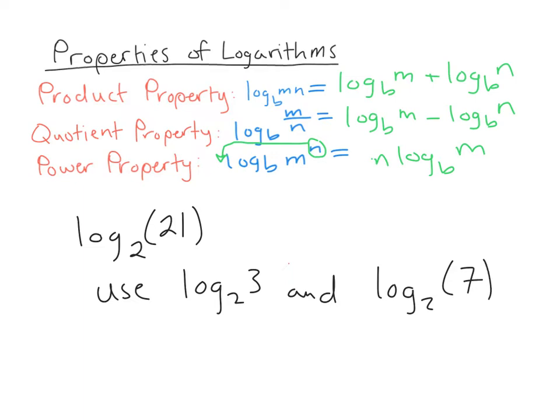So if I wanted to expand log base 2 of 21 into more logs using the ones I've given you, you would have log base 2 of 3 times 7, right? Because we're using the 3 and the 7, okay, to expand 21, because 3 times 7 is 21.